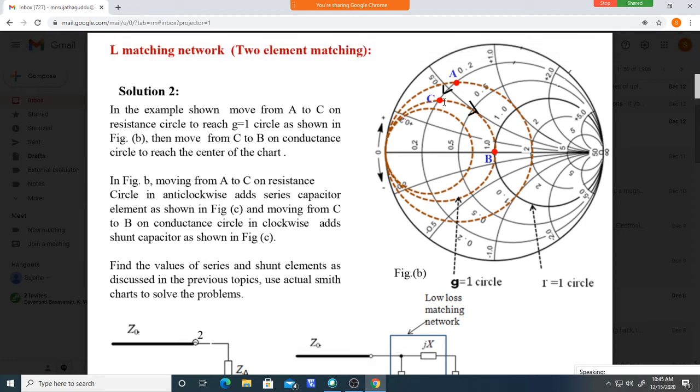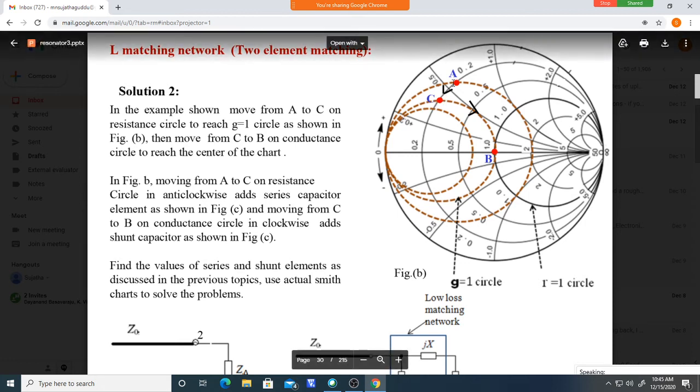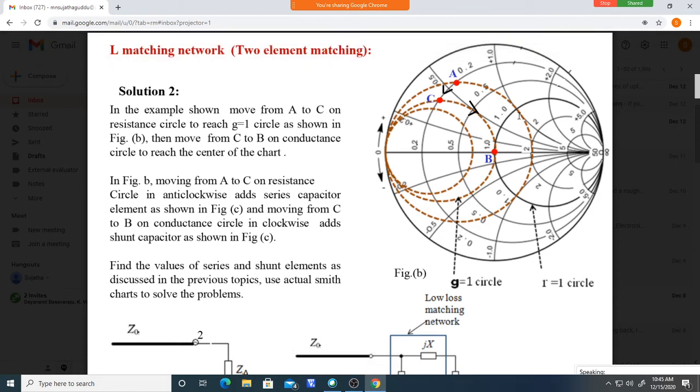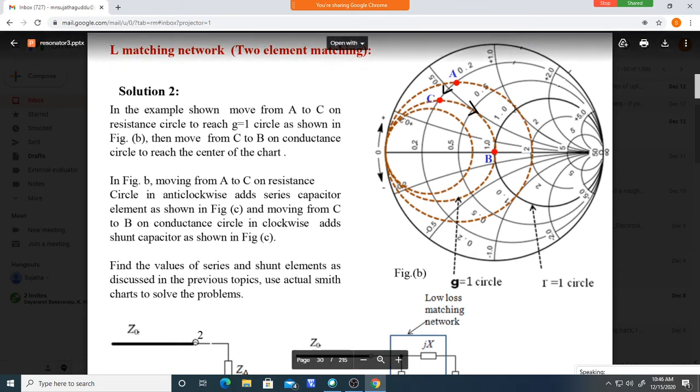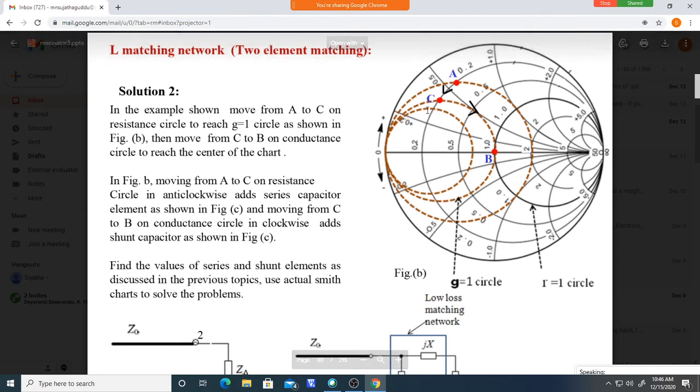Okay, all of you must listen carefully. Wherever your impedance point is, from there either you move on the conductance circle like this or a resistance circle such that you should reach the R is equal to 1 circle or G is equal to 1 circle. See, this is the G is equal to 1 circle.